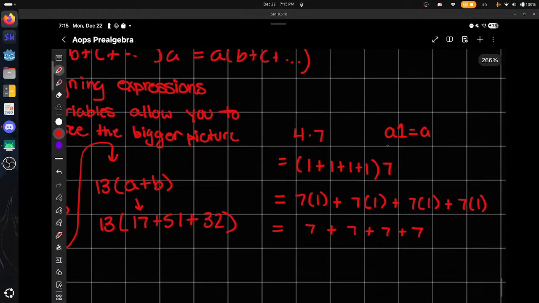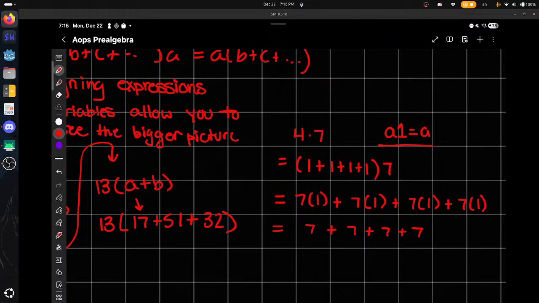Because this statement, this makes sense. Yeah, a times 1 for all a gives us back a. The 7 times 1, well, that's really just going to give us back 7. And then we could just repeat that. This 4 times 7, well, or not the 4 times 7, but the 4 can be expanded into repeated ones.